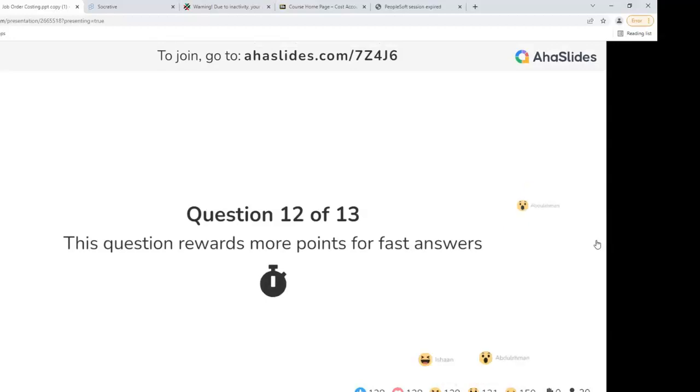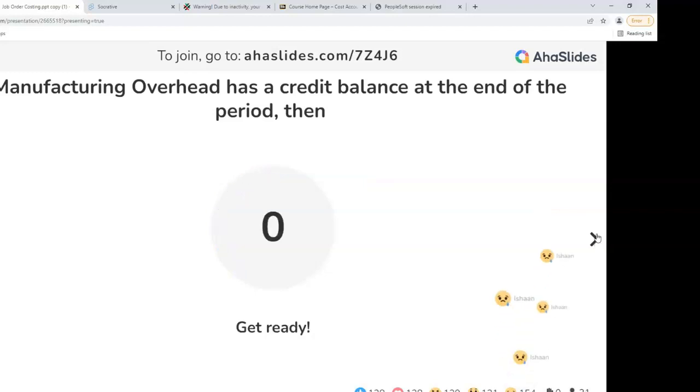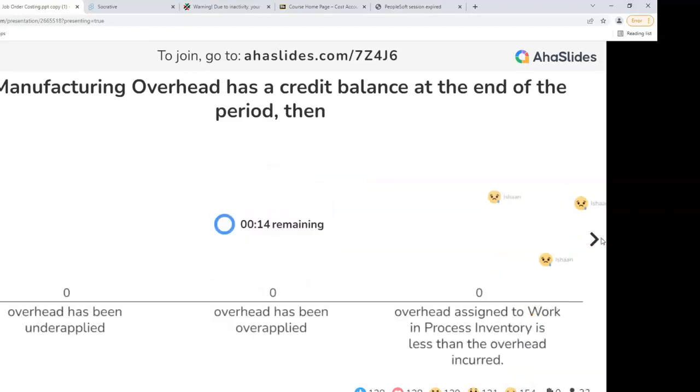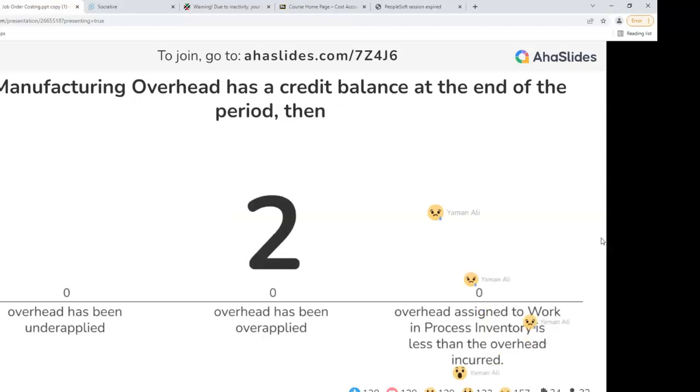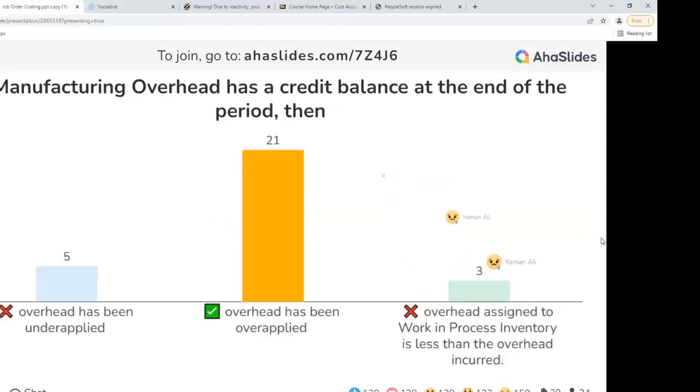All right, last two questions. Manufacturing overhead has a credit balance. What does that mean? Credit is applied. Good, right on.